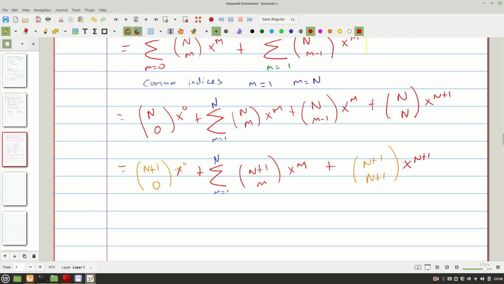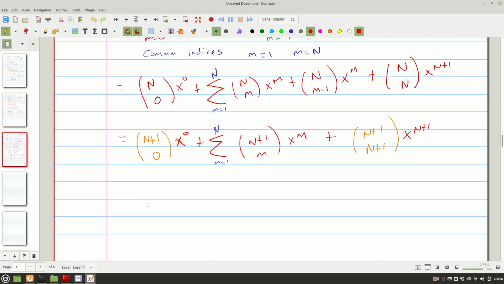Now that we have everything in terms of n plus 1, we can add this term back in, and we can also add this term back in, and we'll have a summation from our proper indices m equals 0 until n plus 1 of n plus 1 choose m of x to the m.